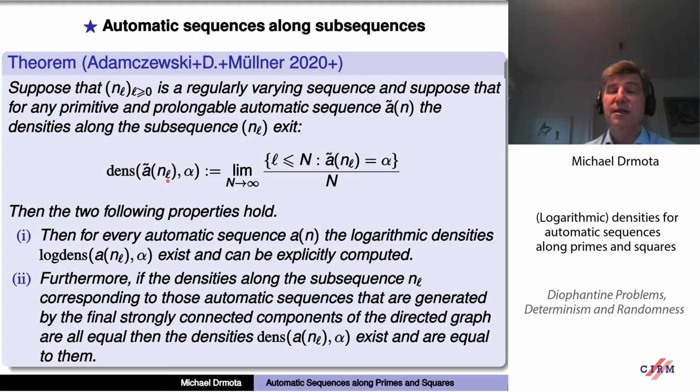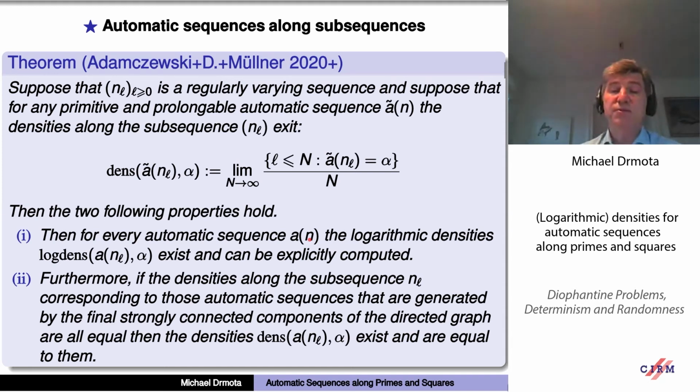So we just take the original, we take all the numbers, because we have already observed that for primitive and prolongable automatic sequences, we get densities because of Perron-Frobenius theory applied to these matrices. And with the help of this general theorem, it immediately follows that the logarithmic densities of every automatic sequence along the trivial subsequence n exist.